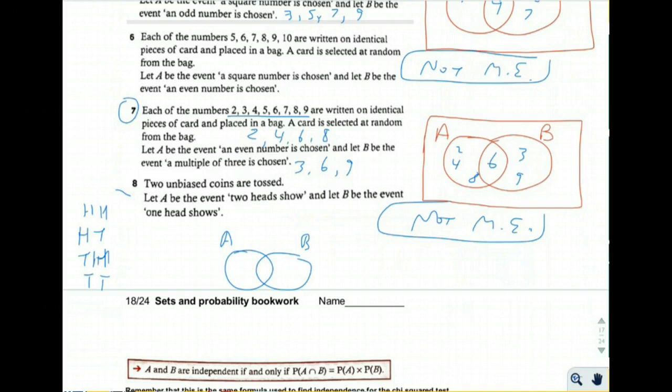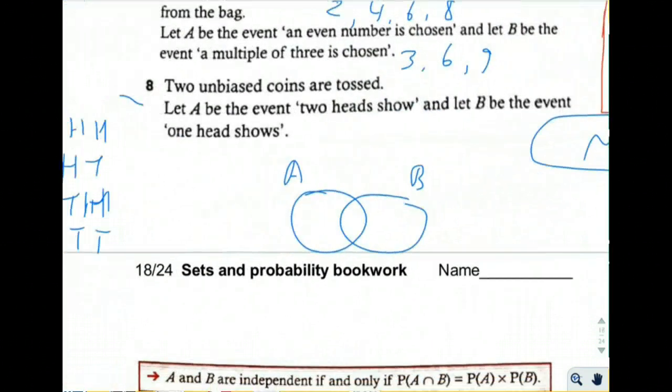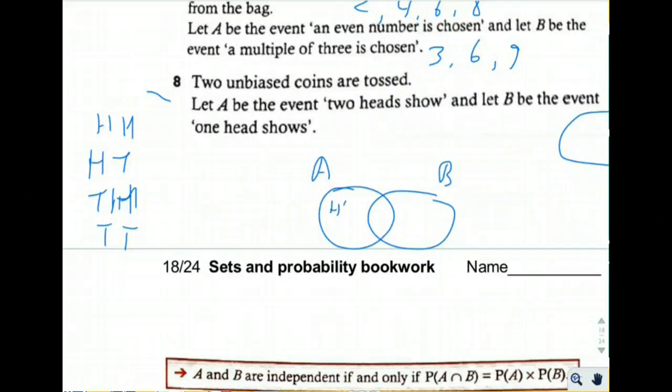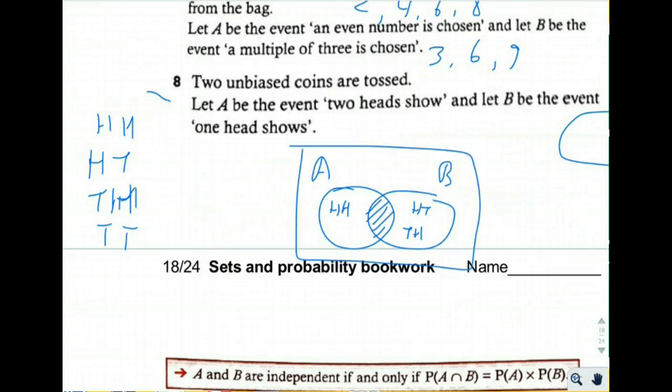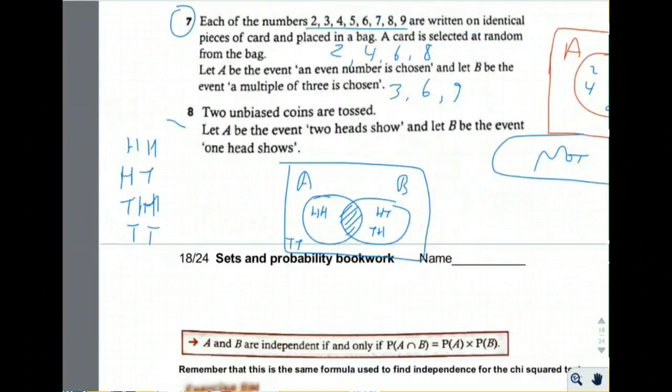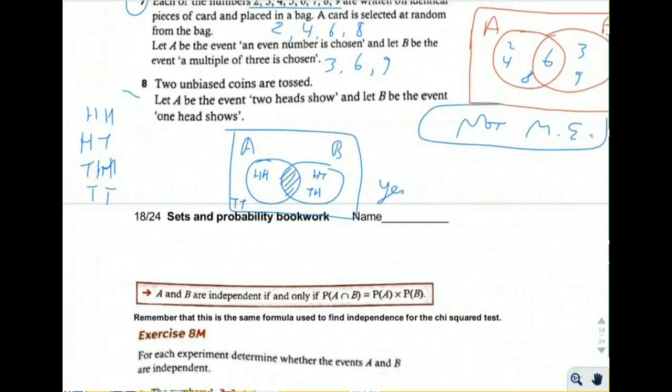Two heads would be heads-heads, and B would be heads-tails or tails-heads. Is there overlap there? No, there's not. So this area is empty, and outside there would be tails-tails, of course. So are these mutually exclusive? Yes, mutually exclusive because there's no overlap.